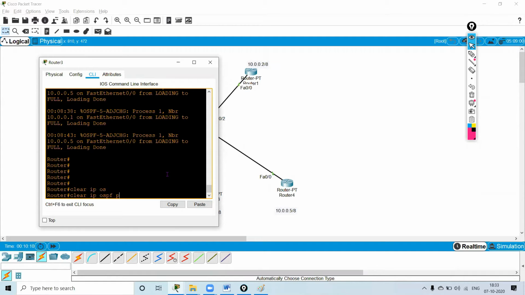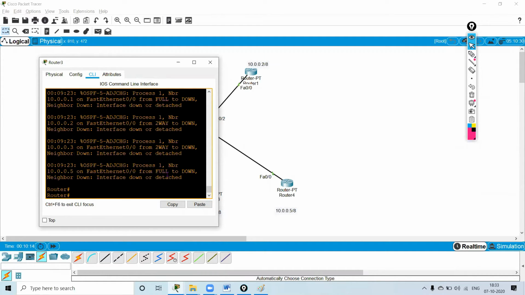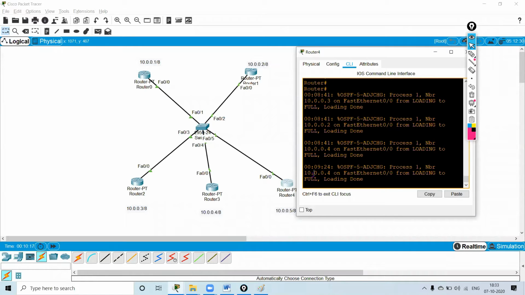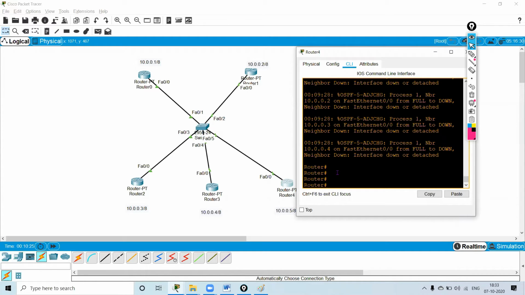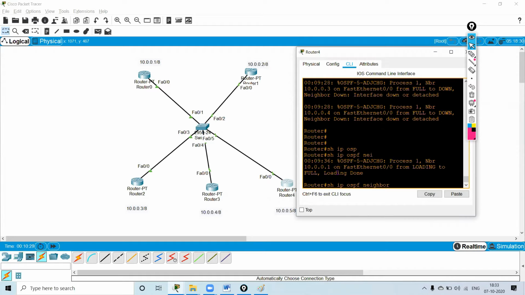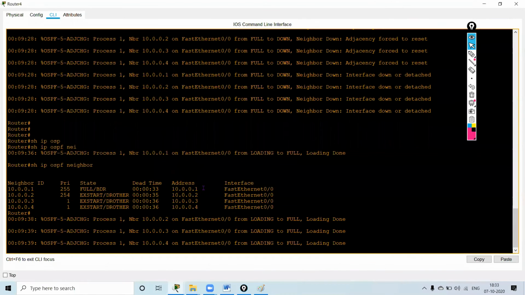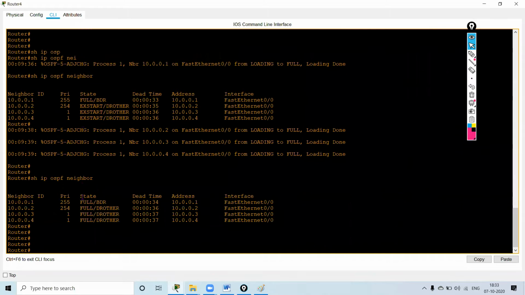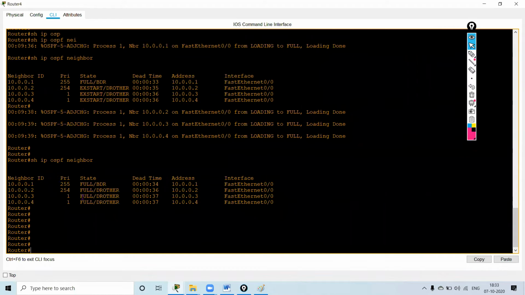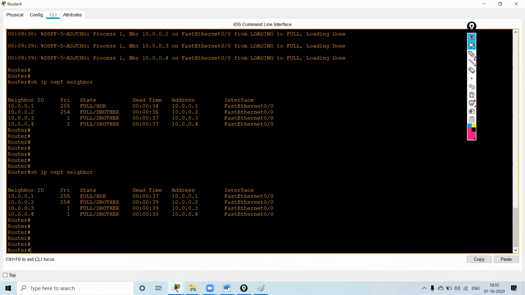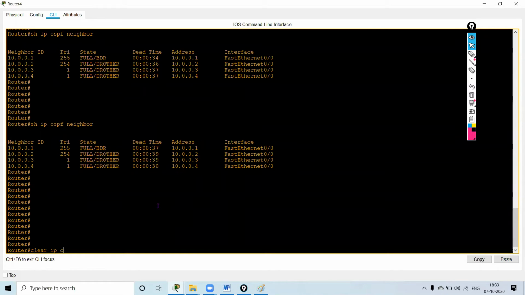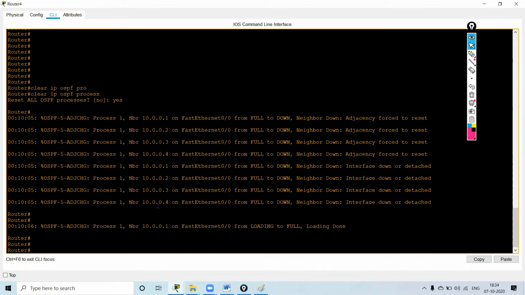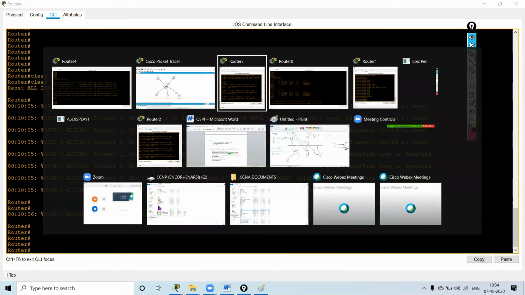Clear IP OSPF process. Yes. Let me do it on all the routers.